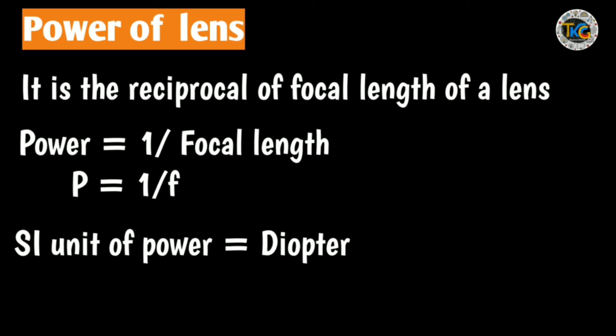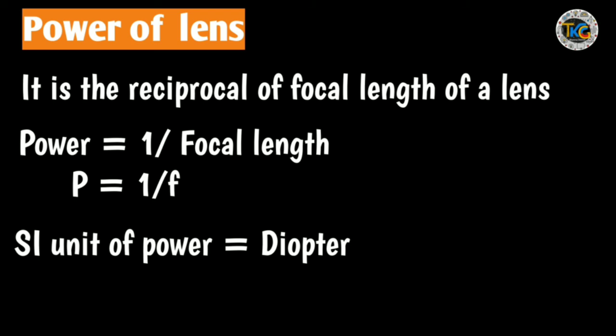Now we have to study the power of a lens. The definition of power is that the reciprocal of focal length is called power. That means a lens producing more converging or more diverging is said to have more power. Then what will be the formula?